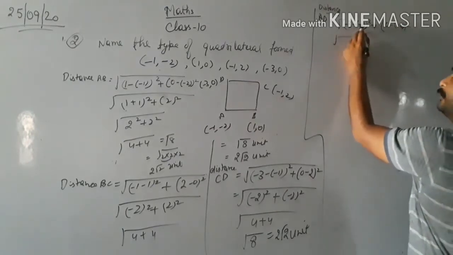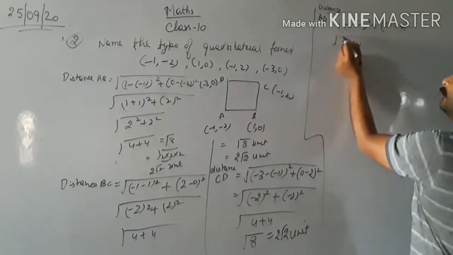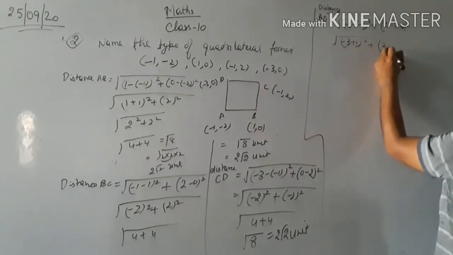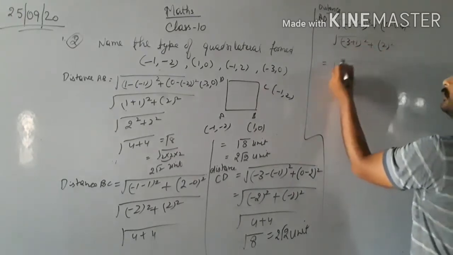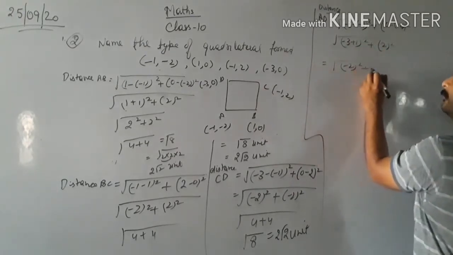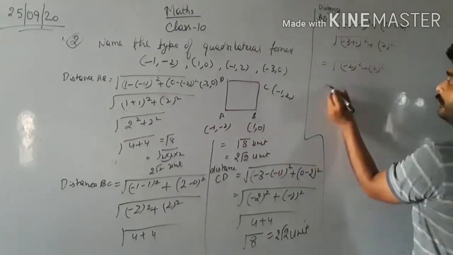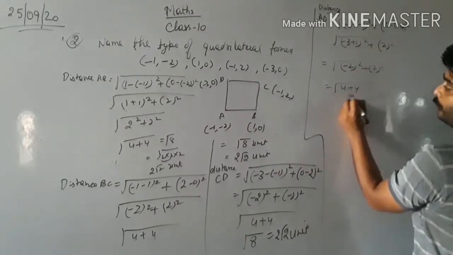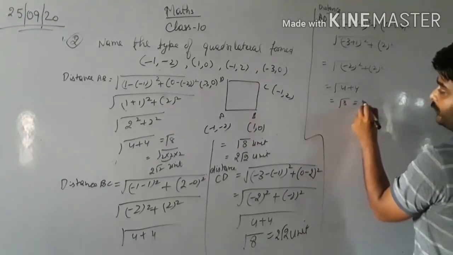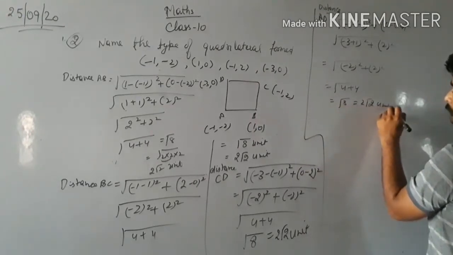So minus minus plus, -3 plus 1 whole square plus 2 whole square, that is -2 whole square plus 2 square. So it is 4 plus 4, also the same, that is 2 root 2 unit.